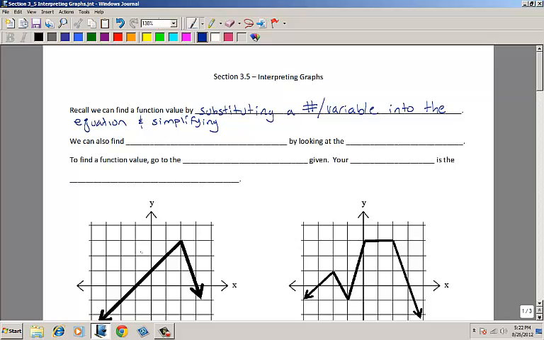We can also find a function value by looking at the graph of the function. To find a function value, we go to the x-coordinate or input given, and your answer is the y-coordinate at that input.